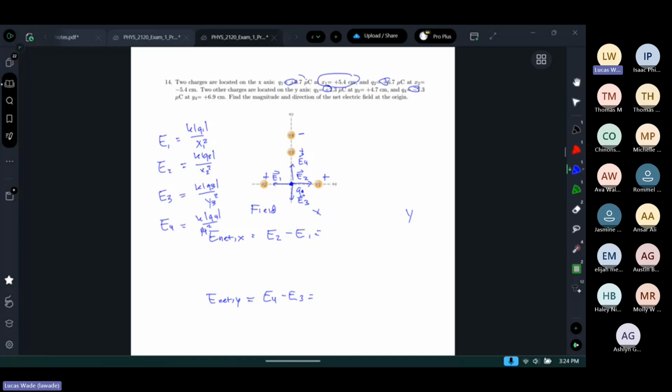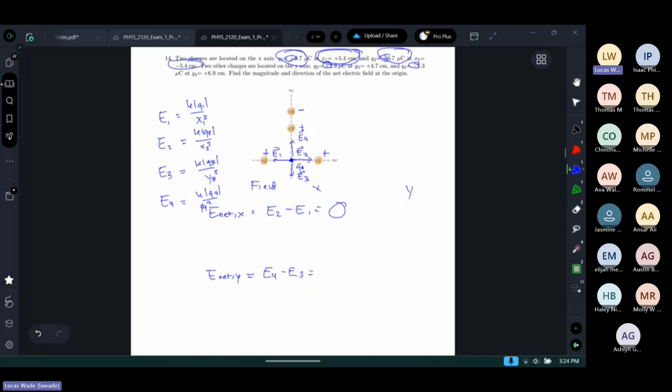I do notice that Q1 and Q2 are the same magnitude, and they're both the same distance from the origin, just on opposite sides. So I actually can say that E1 and E2 are equal in magnitude, so no net X component. For the Y component, I'd have to calculate a little bit.